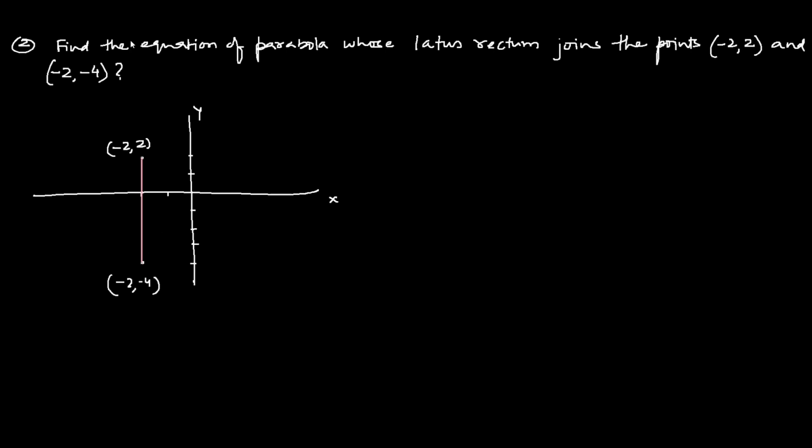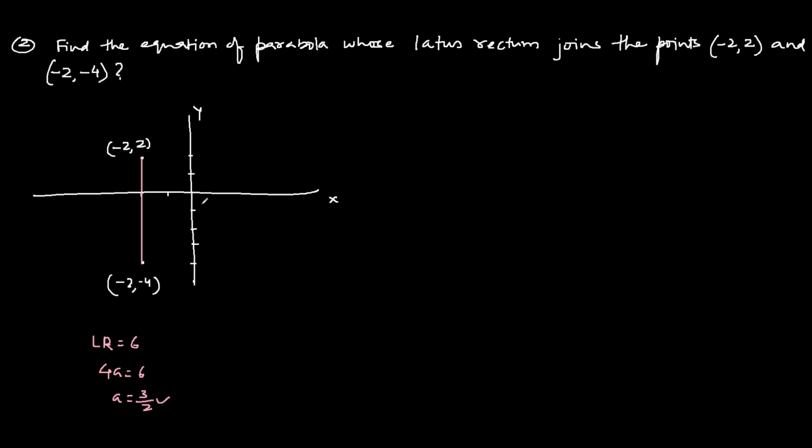Okay, and we know that the midpoint of the latus rectum is the focus. So the total length is 6: 1, 2, 3, 4, 5, 6. The length of the latus rectum, LR, is 6, or 4a is 6. So the value of a is 6 by 4, that is 3 by 2.